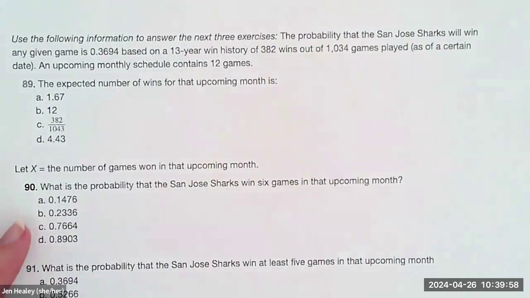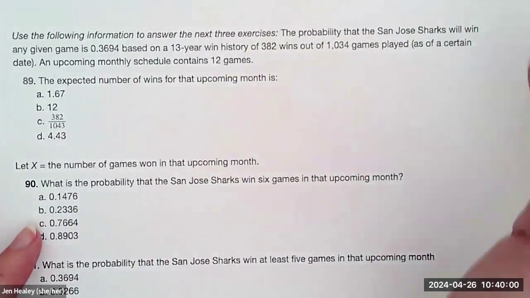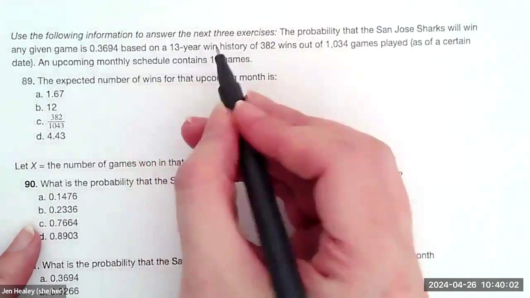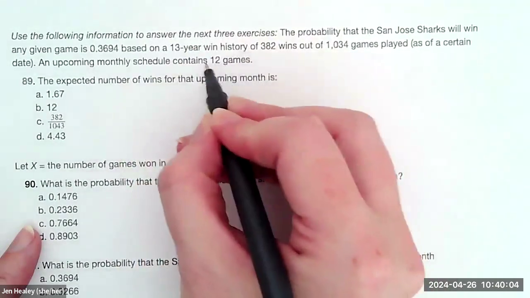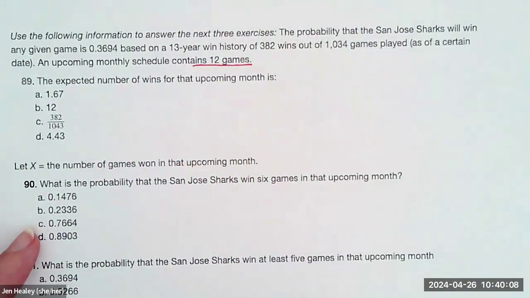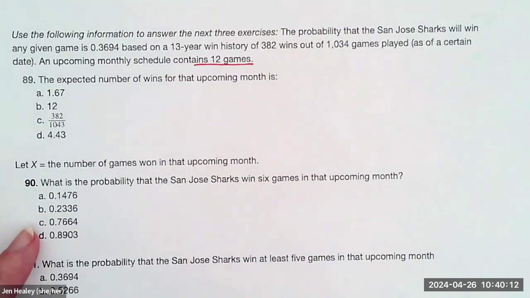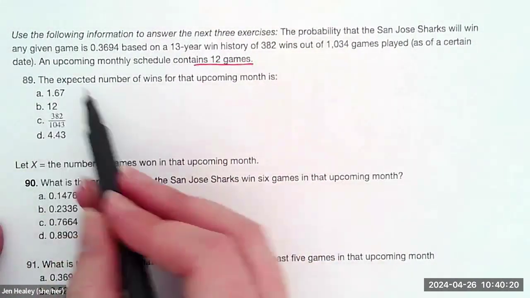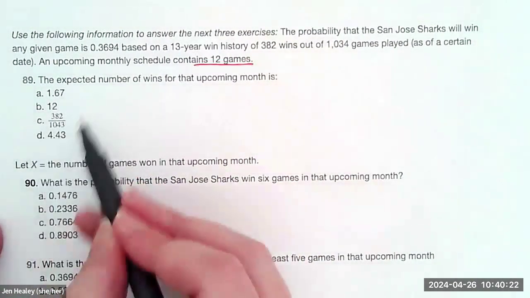Expected number of wins for the upcoming month. Okay. We've got 12 games planned for the following month. All right. This part isn't necessarily asking you to do anything crazy yet.